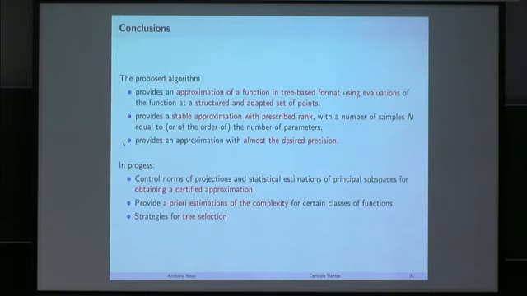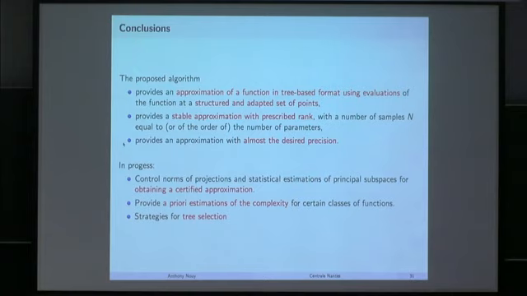Of course, something more important is to have an a priori estimation of the complexity of the algorithm for classes of functions. The results I have shown are true for any function, okay? But there is no indication, for a particular function, of the number of samples I will require to reach this precision epsilon. For this you have to make assumptions on the classes of functions.